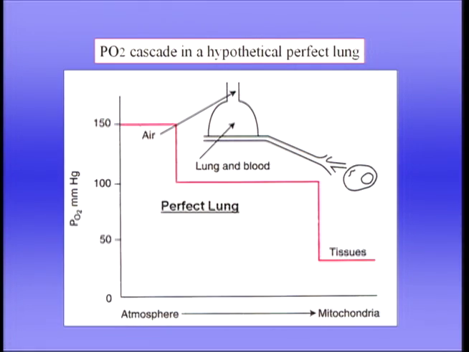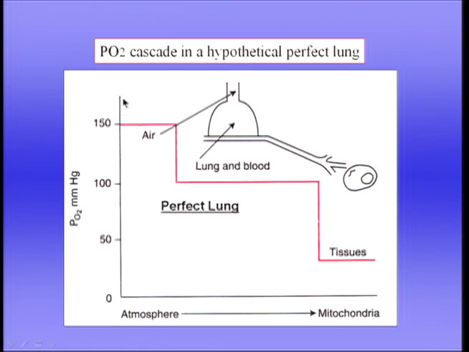And in the same way as physiologists or physicians, we're concerned about losses in the line from the reservoir, which is the air that we breathe with a PO2 of 150, down to the mitochondria in the tissues. And this scheme here shows the perfect situation, and we'll discuss this in some detail.